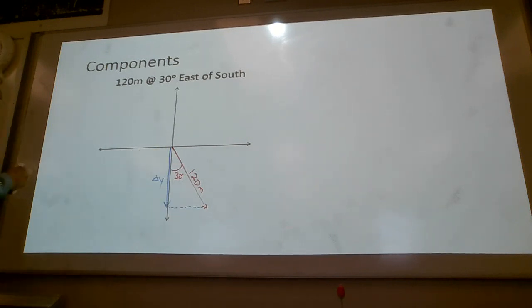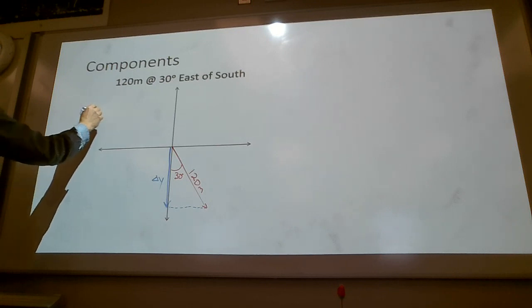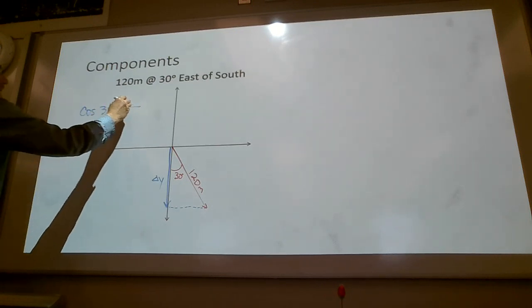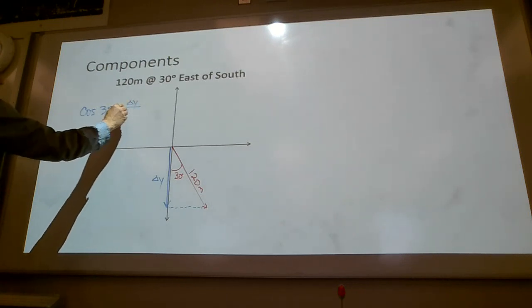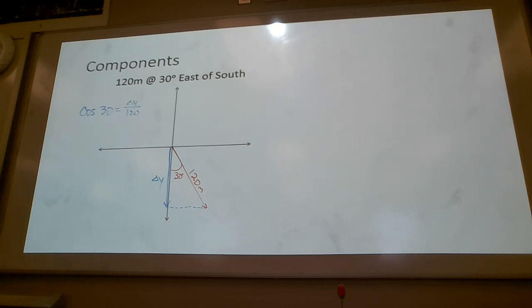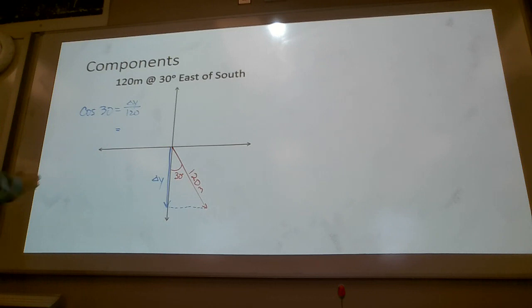I've got the hypotenuse, so I'm going to use cosine of 30 equals delta y over 120. Does that make sense why I'm using delta y? Okay, so change in y position.